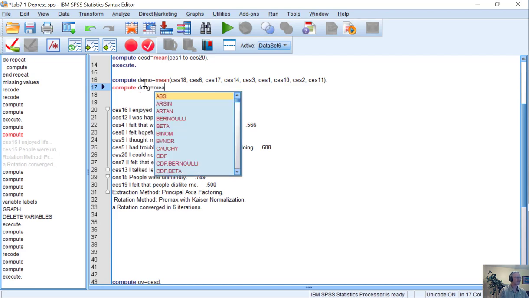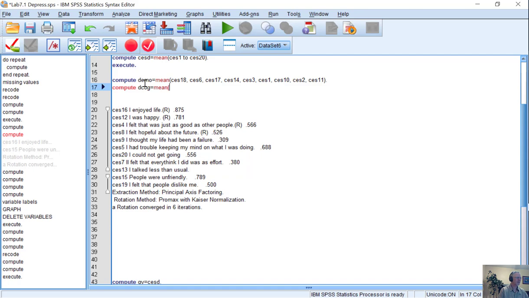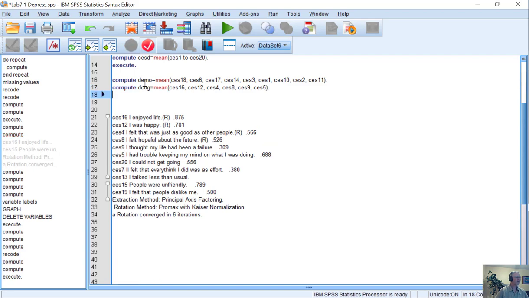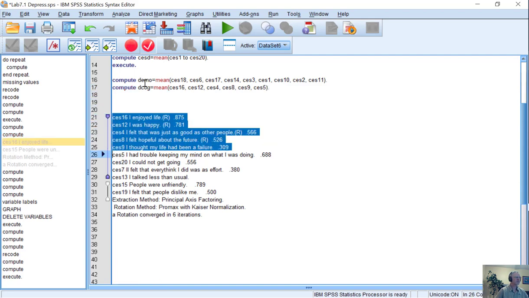It's kind of the cognitive outlook, how people were thinking about life. The mean of CES 16, CES 12, CES 4, CES 8, CES 9, and CES 5. And there's my second dimension.